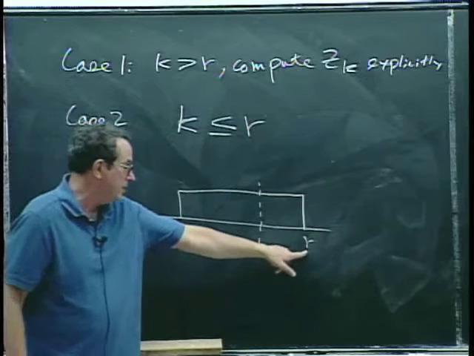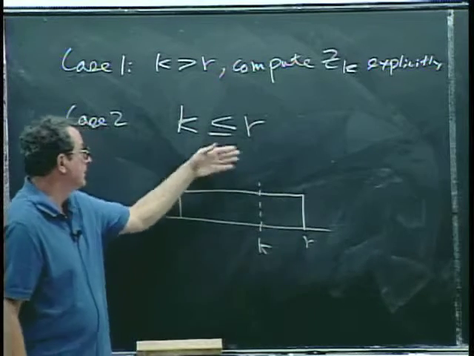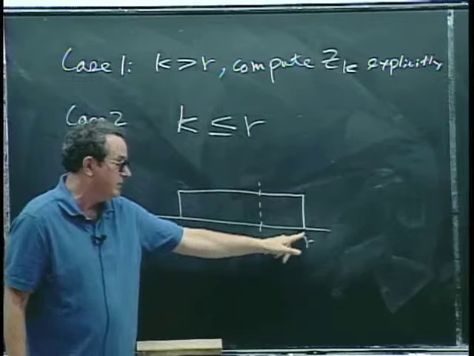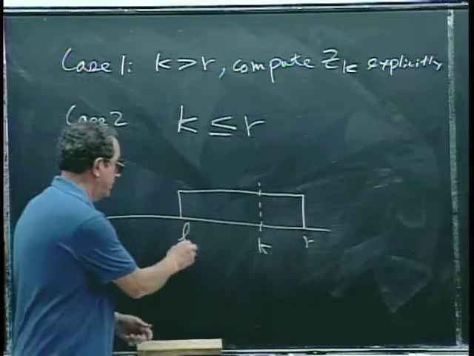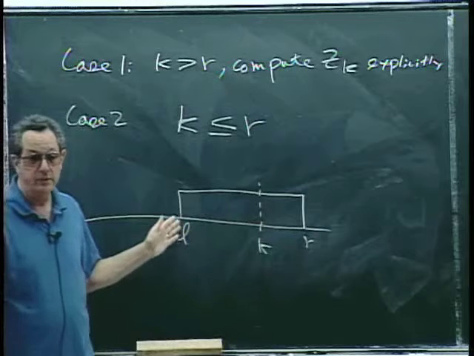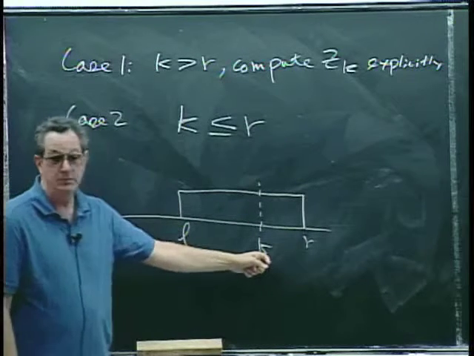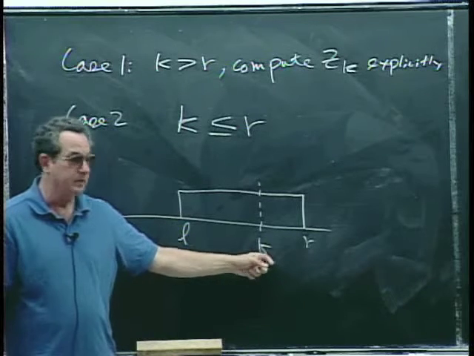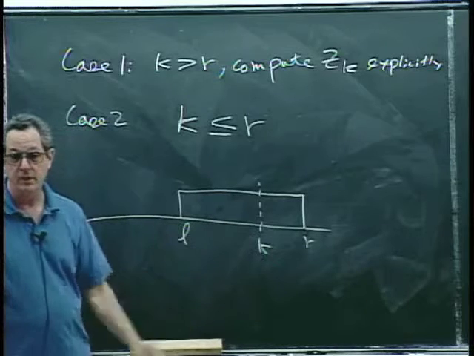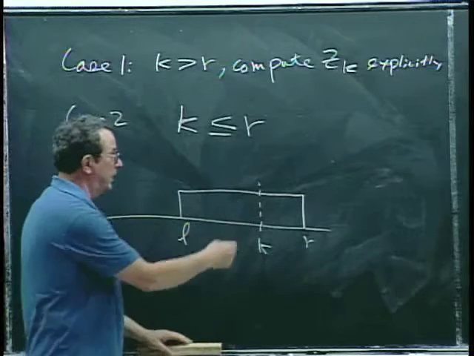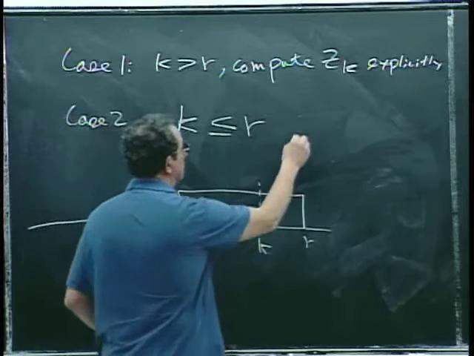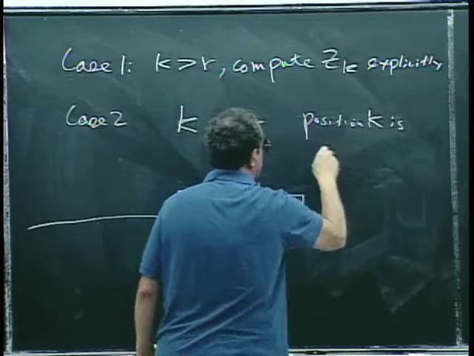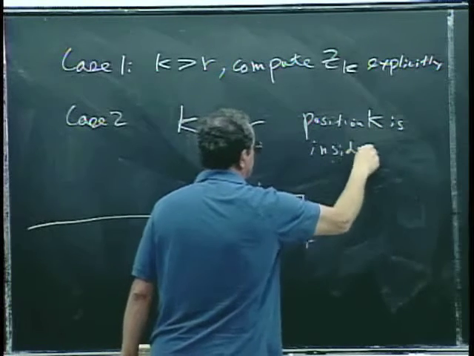Well, the right end of the Z box is greater than or equal to K, so it's further to the right. And the left end of that Z box was established when the algorithm was computing a Z value previous to the point where it's trying to compute the ZK value. So that means it has to be somewhere to the left of K. So position K is actually inside a Z box.